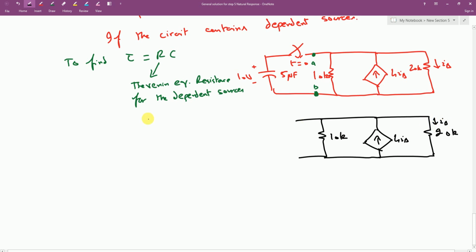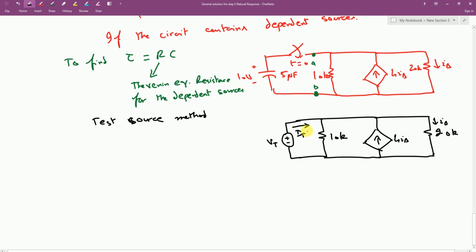Let us solve it using the test voltage method or the test source method. The test source method requires that we connect a voltage source Vt, and we find out the total current which is flowing through this voltage test source into the circuit, and thereafter the ratio of these two variables gives us the equivalent resistance seen from this particular network.